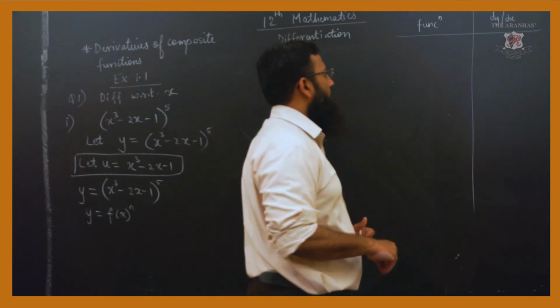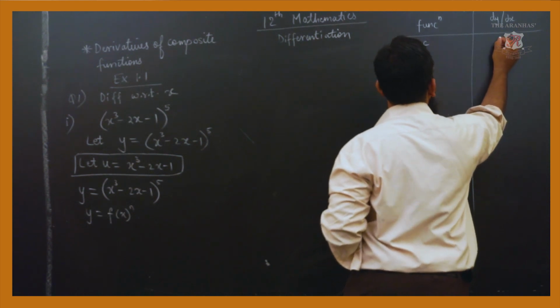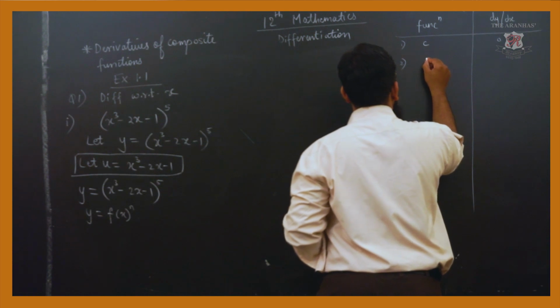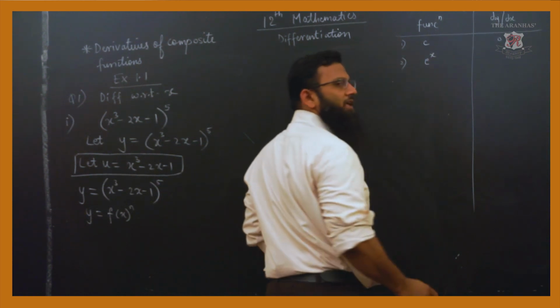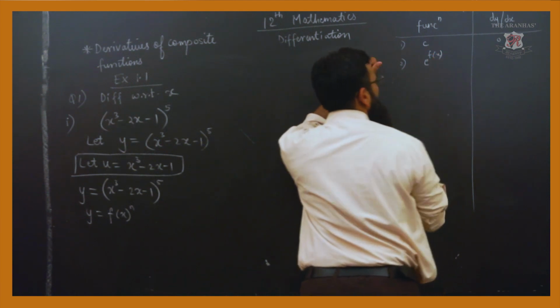Yesterday we have seen the derivative of a constant is 0. It was e raised to x yesterday. Instead of e raised to x, I will write e raised to f(x).